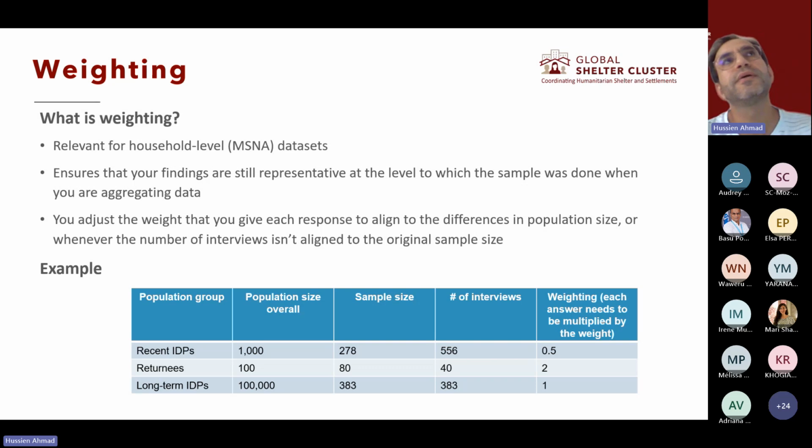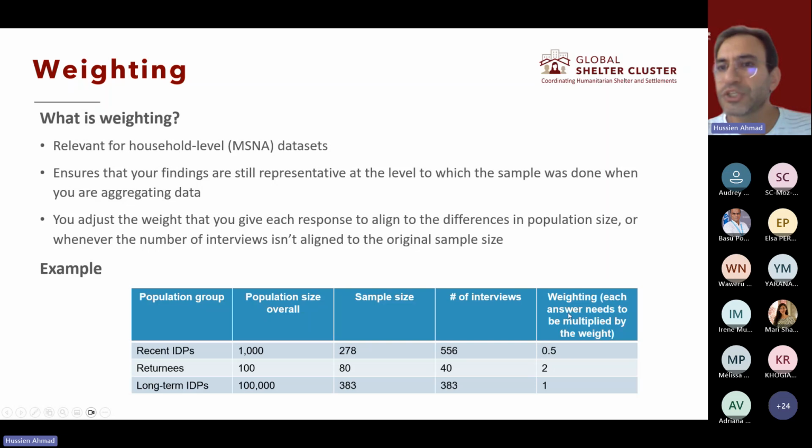That weight reflects the accuracy, reflects something, and it comes with the data sets. If you have the weight, you continue your analysis as such, and in the percentages, the weight will be considered. For example, in this table, the first household, or the first row here, is 0.5.